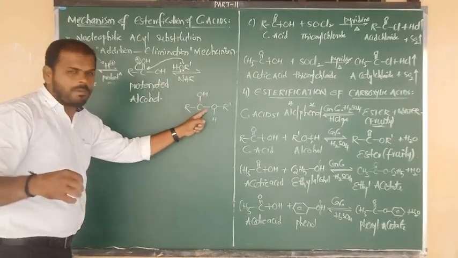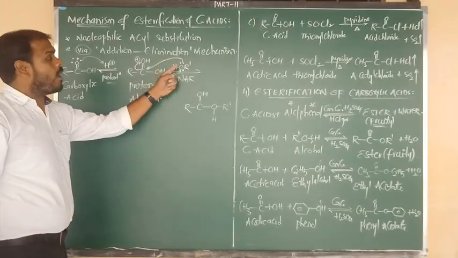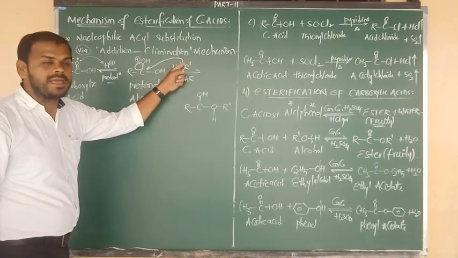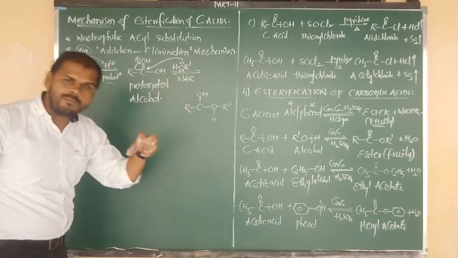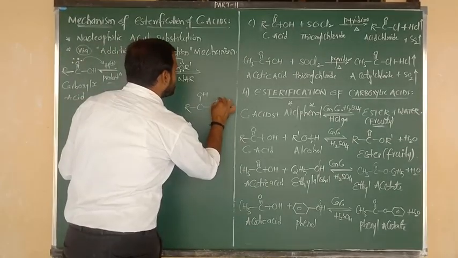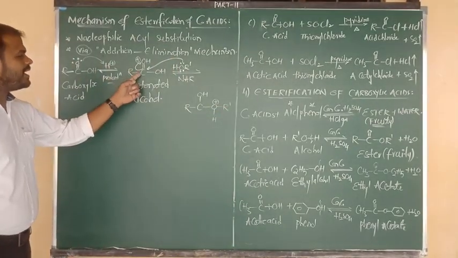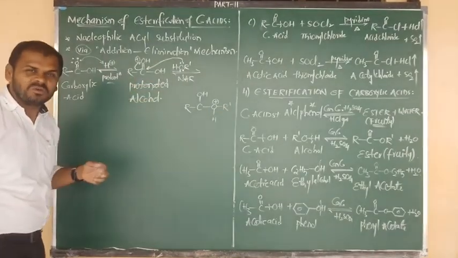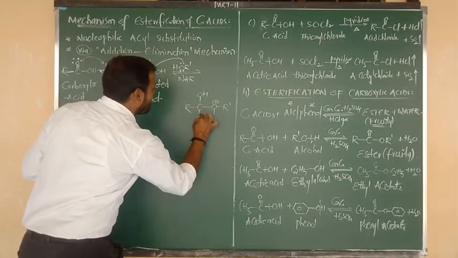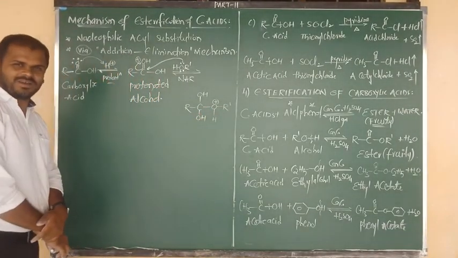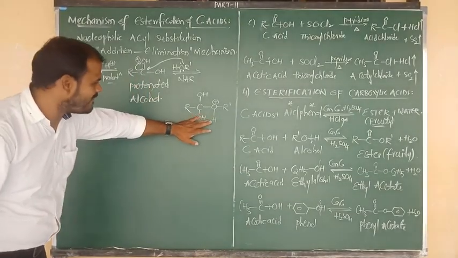For making that new bond, oxygen utilizes its lone pair, oxygen donates its lone pair. That means the oxygen carries a positive charge. And this carbon contains the OH group; that OH group I am going to write here. Now listen carefully.